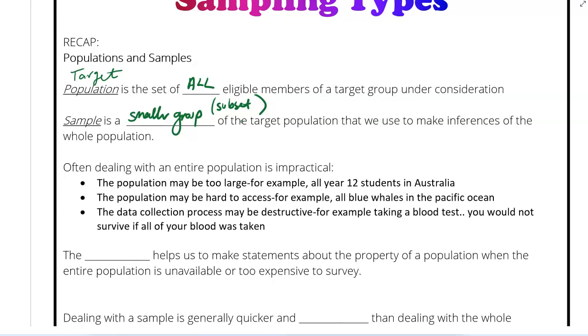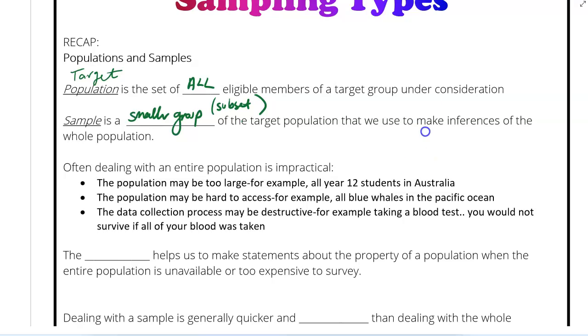However, if that was going to be too tedious and take too much time, we might select a smaller group. We might select a smaller group of each year group, or we might just randomly select students and parents off the school roll. Regardless, that smaller group is called a sample. So that's the difference between them.